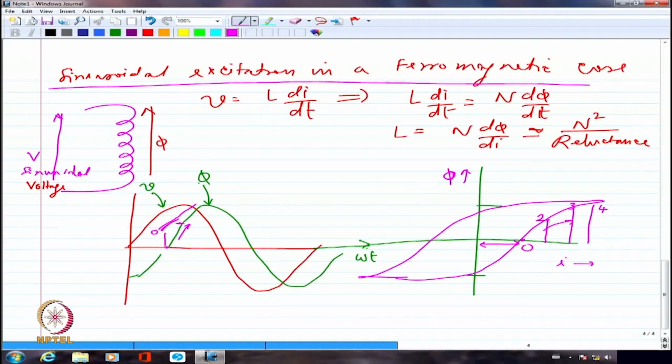So, I will have a peaking of current around this point when almost I am going to have a flat value of flux. Because near the maxima of the sinusoid, I don't have much rate of change of the flux. The flux is almost a constant. But the current is increasing quite a bit because already the ferromagnetic core has hit its saturation region.